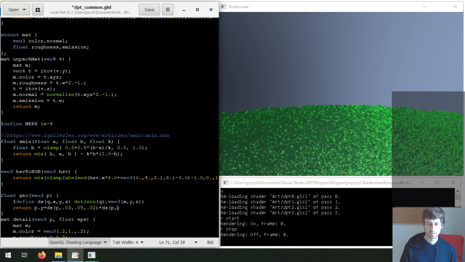Alright, so now I'm making different frequency sine waves to this plane to hopefully add a look of bumpiness.